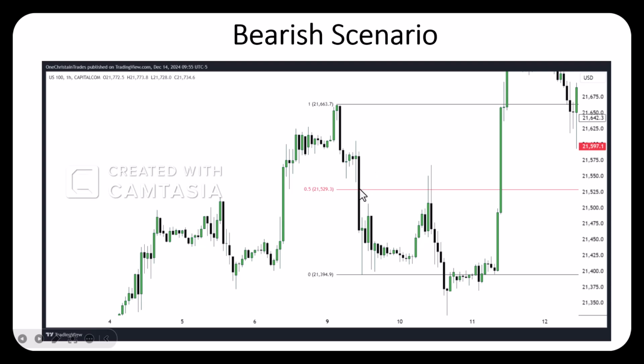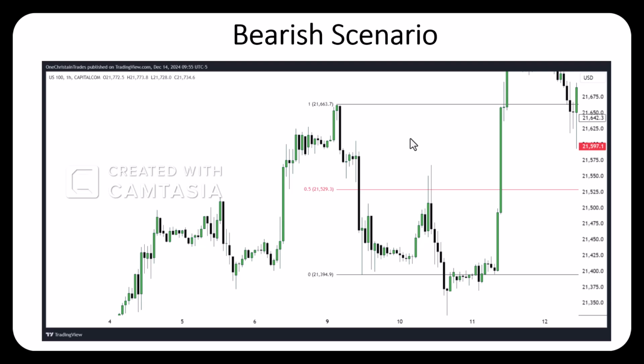So coupled with this premium CB right here, with this order block, we use those two to offer sales down into a discount.